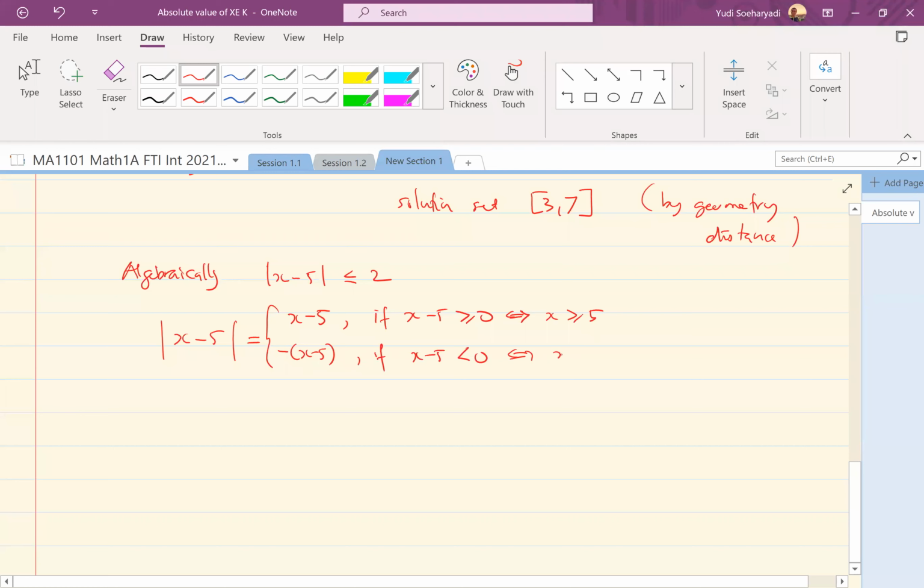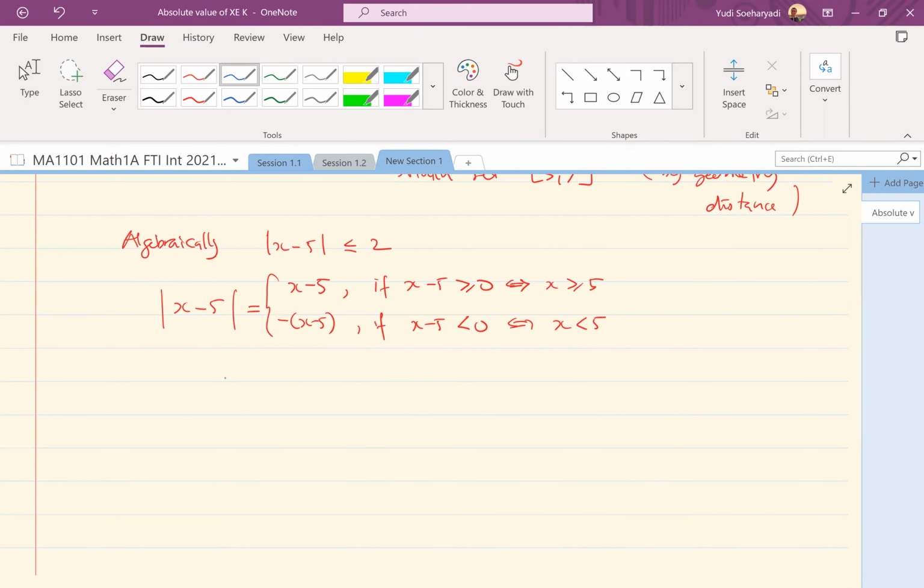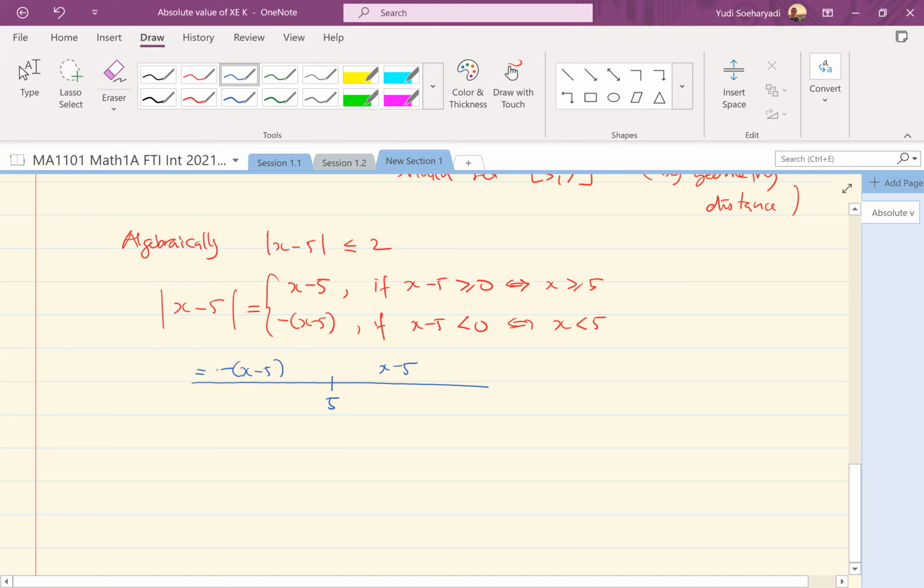That means x is less than 5. So you have two cases bordering at 5 here. To the right of 5, this is x minus 5, and to the left of 5, that means minus (x minus 5).